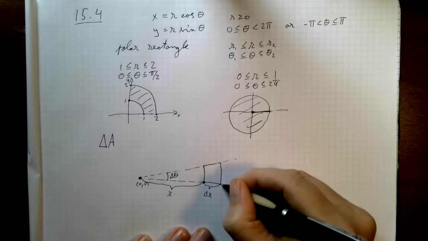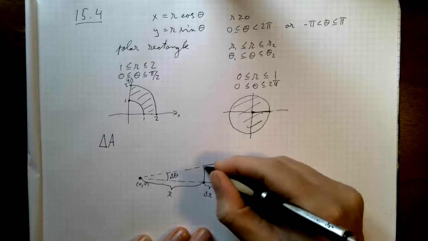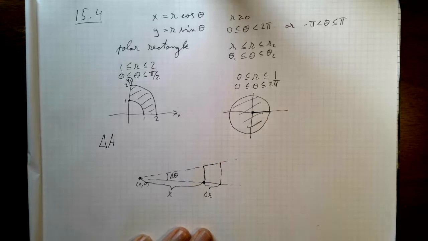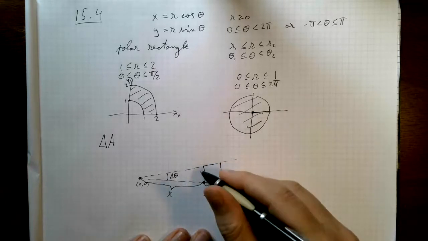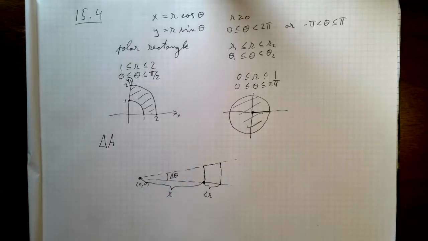If we really traveled this thing, what would it be? If I travel along a circle of radius r, and I travel delta theta in terms of angle, the actual distance I've covered is r times delta theta, right?